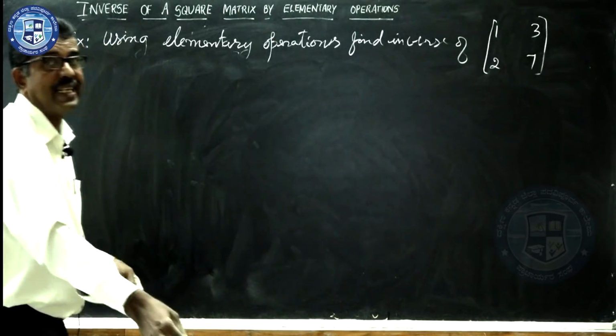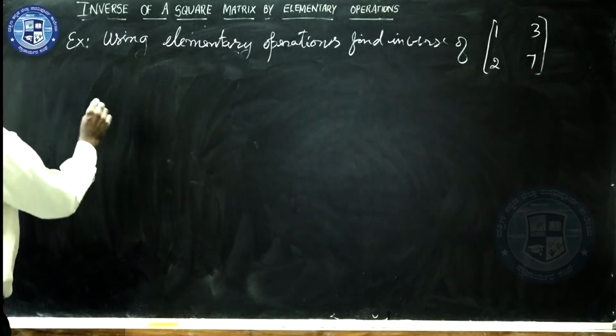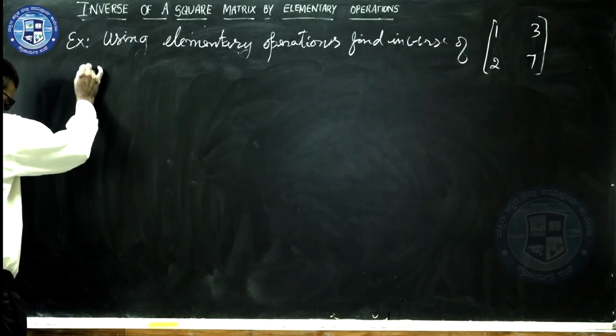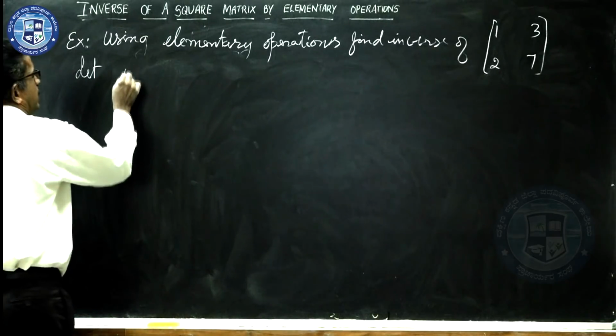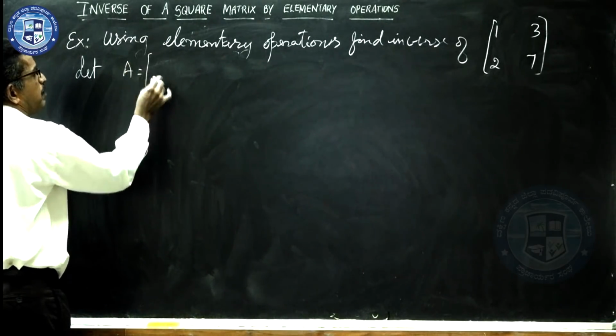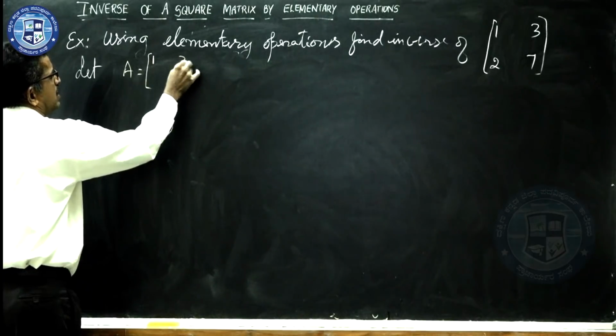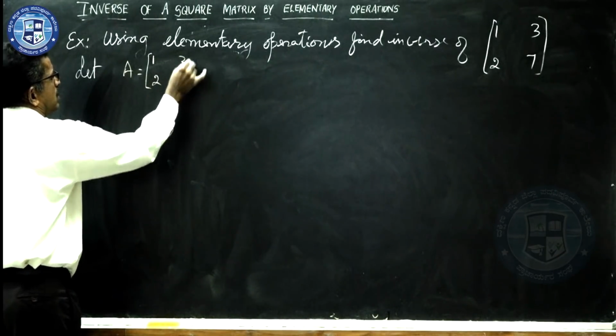Okay, so how can you get the inverse of that matrix? You begin like this. Let A be the matrix given, 1, 3, 2, 7.